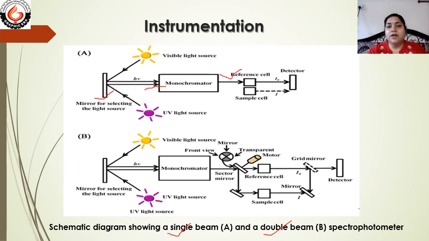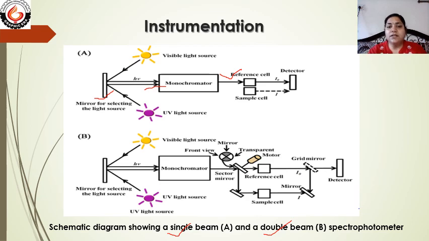We put the reference alcohol in the reference cell, then the monochromatic light passes through the reference and goes to the detector. The detector observes how much light is absorbed by the reference. Then the instrument is set at 0, or the value is taken as I0.